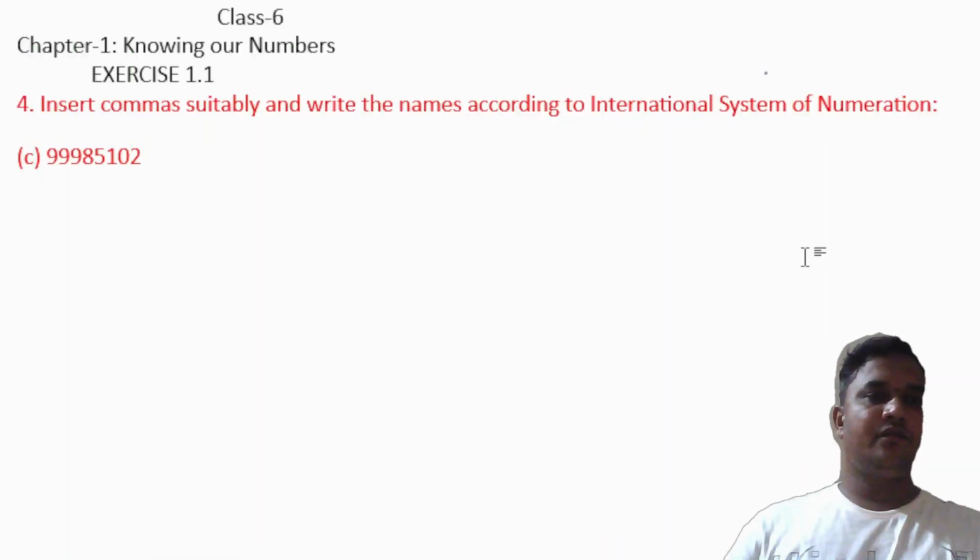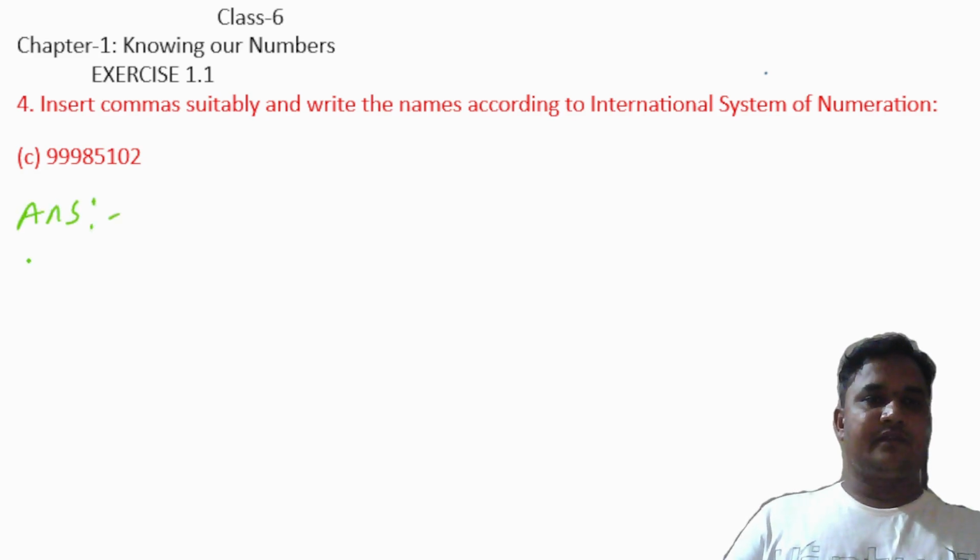Similarly, now we'll understand the next question. See how to place the commas and how to write in words according to the international system. As we know from previous sessions, similarly we'll write question C now.